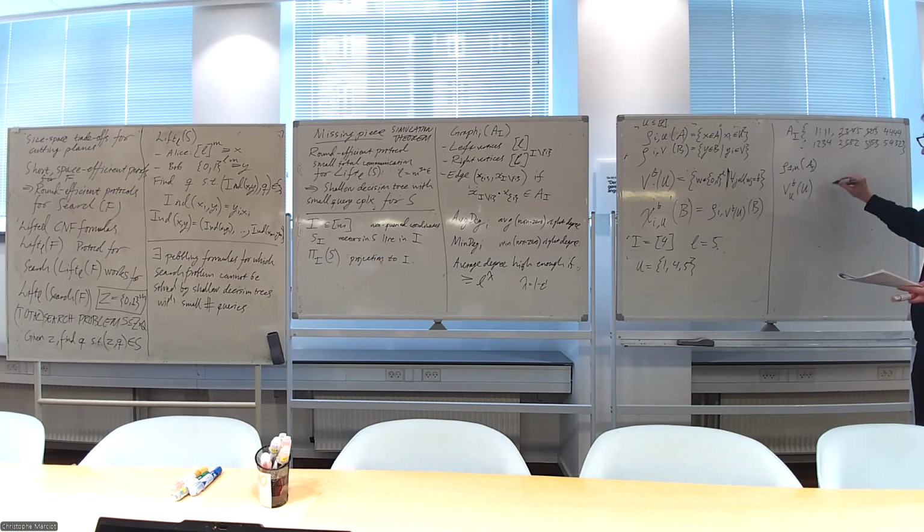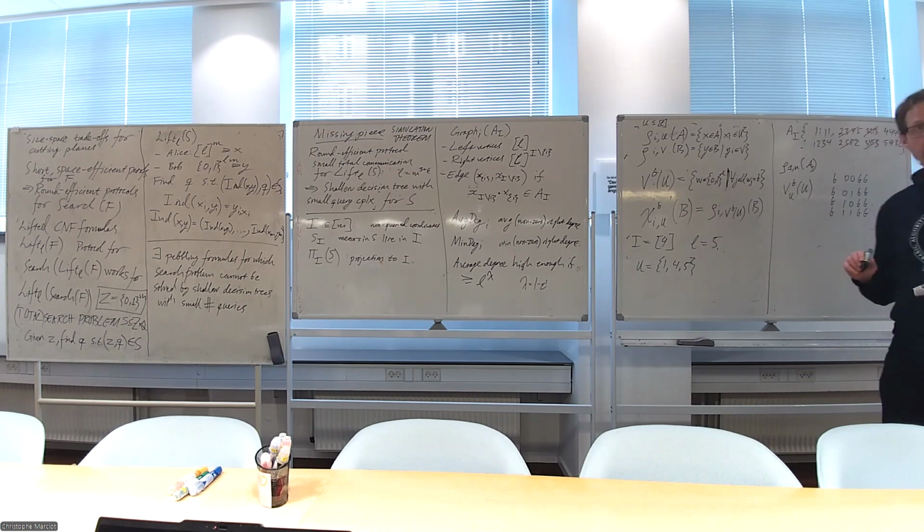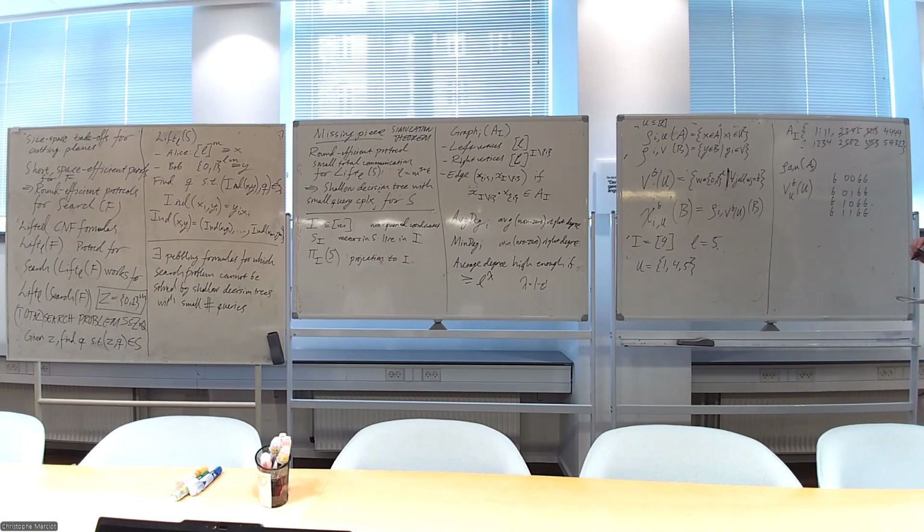Well, in coordinates 1, 4, and 5, I want a B. This could be where B is 0 or 1, right? And in all other coordinates, I'm free. Am I making sense? So it's just saying, give me all the bit strings except all positions in U should be fixed to B.